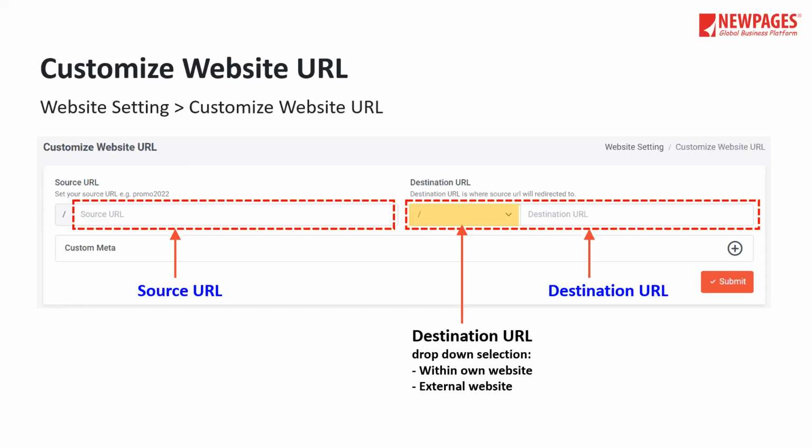But there are cases where you find a very useful article or some information from an external website, for example from Wikipedia or Google. This is where you choose external website, and you want to make it into a source URL that comes from your web. So this is where you can customize your website URL. So what are the guidelines that you need to take note of when you customize your URL?